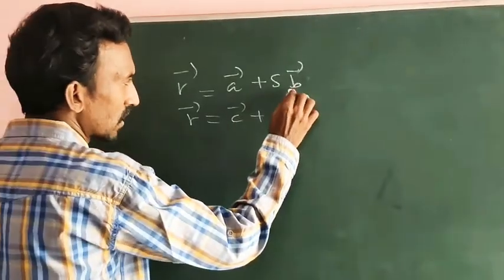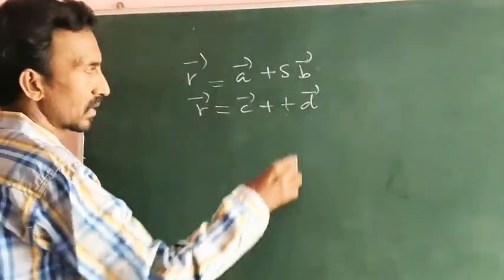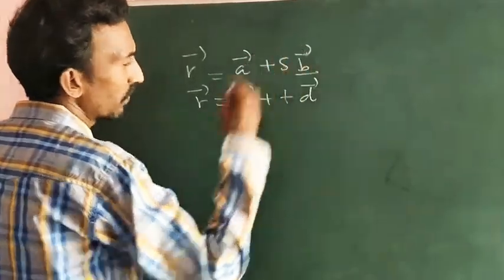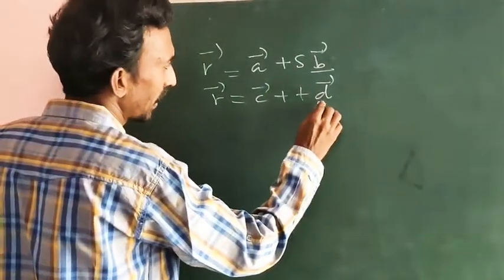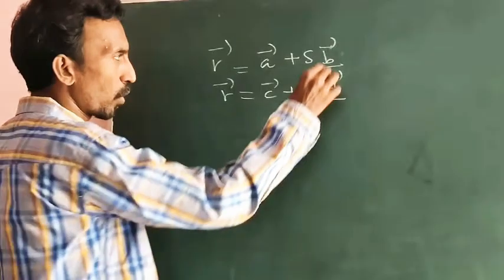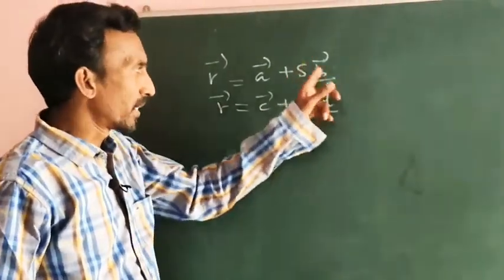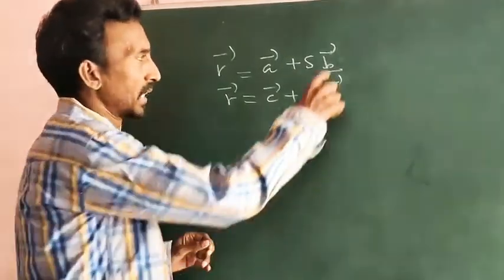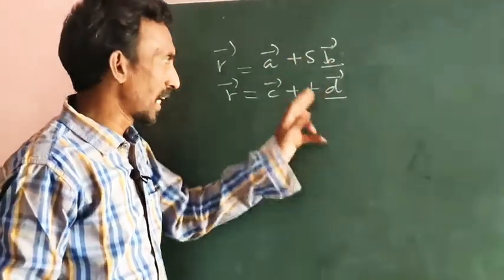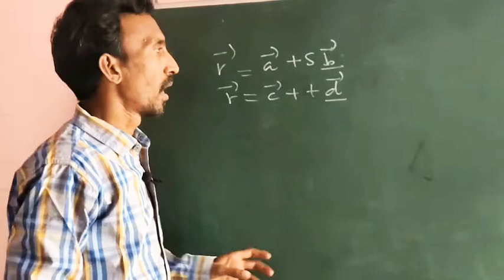Just compare the parallel vectors in the lines. The parallel vector in the first line is b vector. The parallel vector in the second line is d vector. Just compare both. If b vector is equal to d, or one is a scalar multiple of the other, then we can say the two straight lines are parallel.